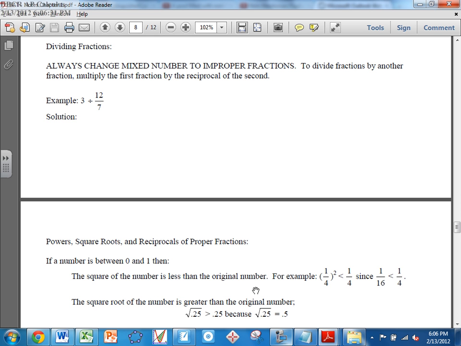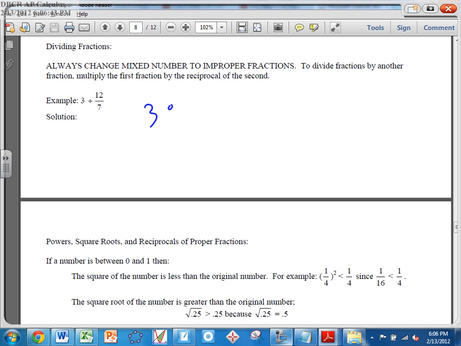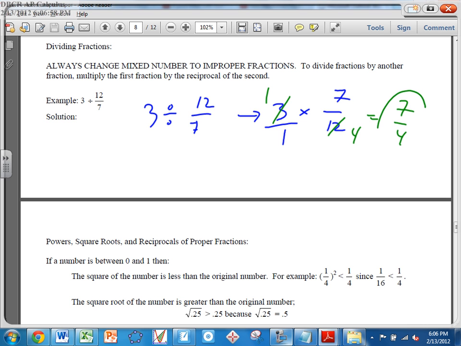So in this example, the reciprocal of 12/7 is simply 7/12. So 3 divided by 12/7 becomes 3 times 7/12. 3 is really 3/1. The 3 and the 12 reduce to 1/4, and you're left with 7/4.